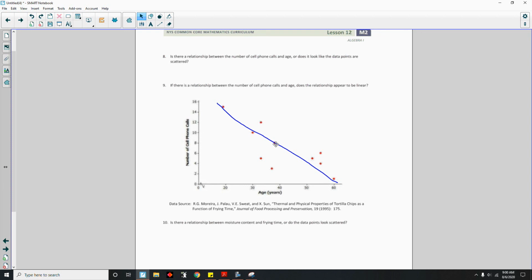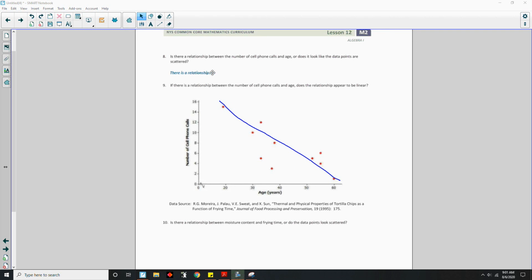And we could probably move that around a little bit to get it to fit properly. And then we have what are called outliers. These two here don't really fit on the line, but just those two would not make it non-linear. This appears to be a fairly linear correlation.